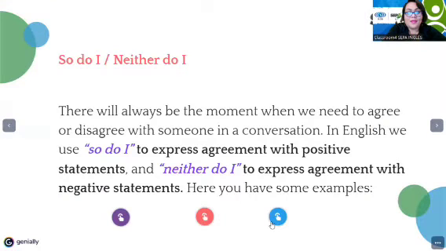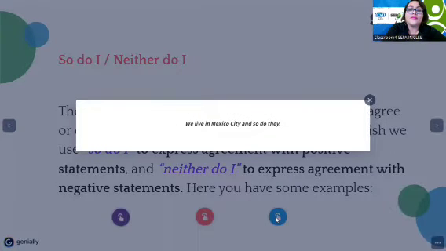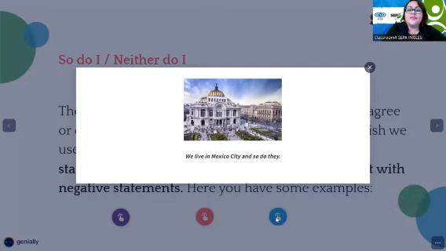Okay, let's continue. We live in Mexico City. So do they. Depending on the person we are referring to, we are going to use the auxiliary verb. And depending also on the structure in the first sentence, we are going to be comparing and answering positive or negative.